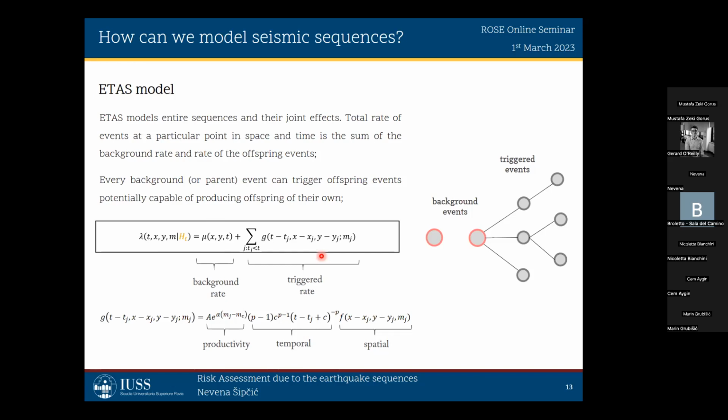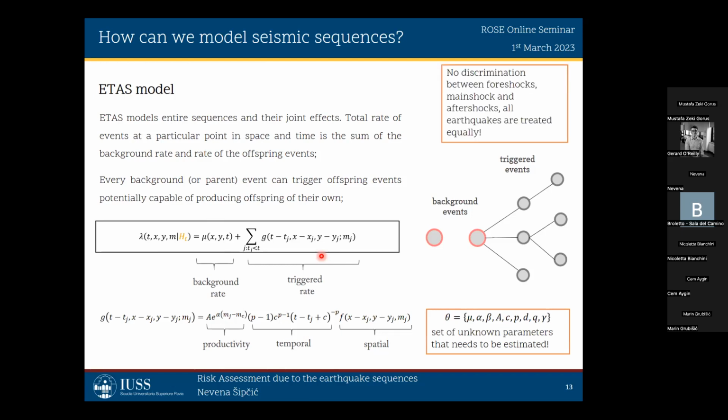And as you can see, there are many parameters in the ETAS model that need to be estimated. What is important to remember is that in the ETAS model, there is no distinction between foreshock, main shock, and aftershock events. So there are no labels. Basically, all of the earthquakes are treated equally.